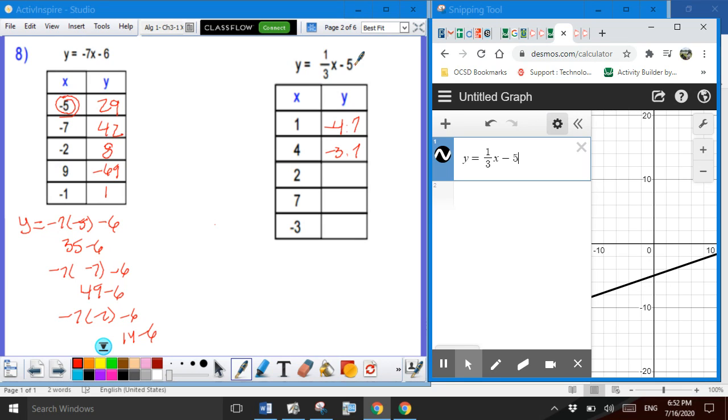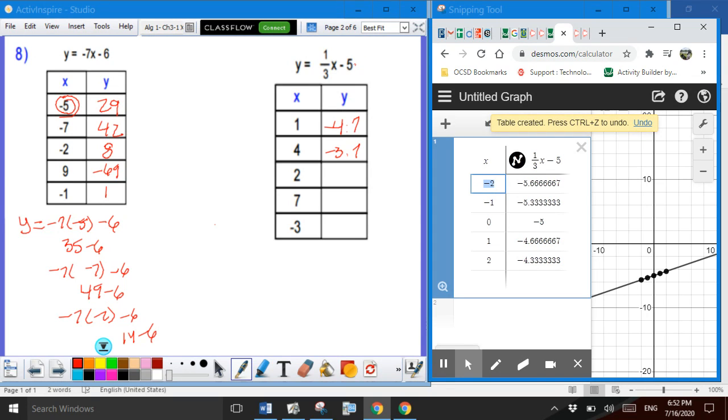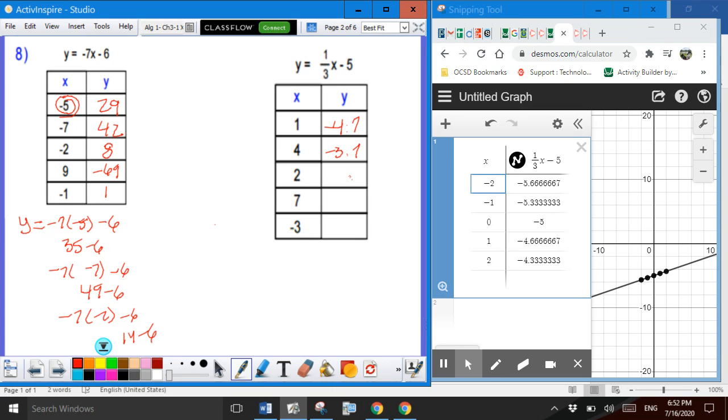So what I'm going to do is I'm going to click on this gear. Click on the gear, and you'll see how it gives you an X, it gives you a duplicate, and it gives you the table option. So we're going to click on the table. Notice how it gives me all my values. So it tells me that the 2 value is -4.3. So I can already put this one in.